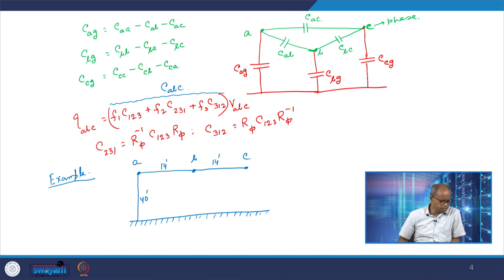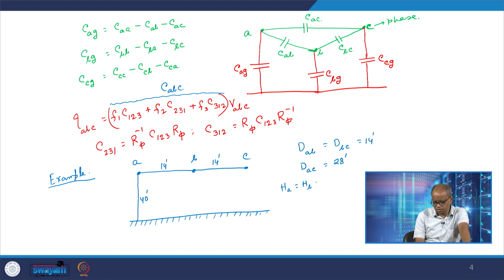For this, I know that DAB is equal to DBC is equal to 14 feet. I also note that DAC is equal to 28 feet, and I also note that HA is equal to HB is equal to HC is equal to 80 feet, because HA is nothing but the distance between any conductor and its corresponding image conductor.